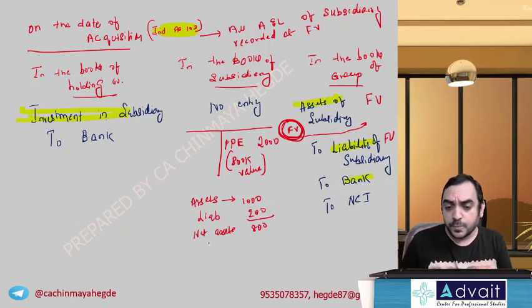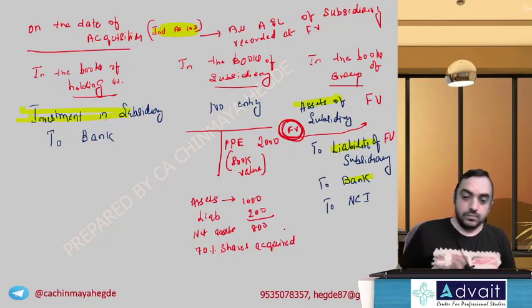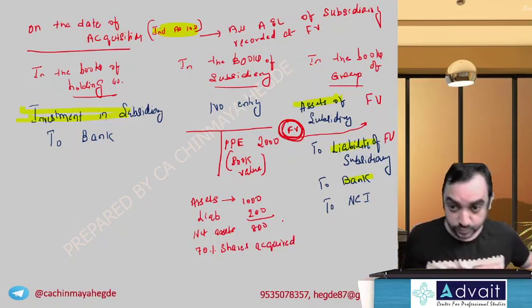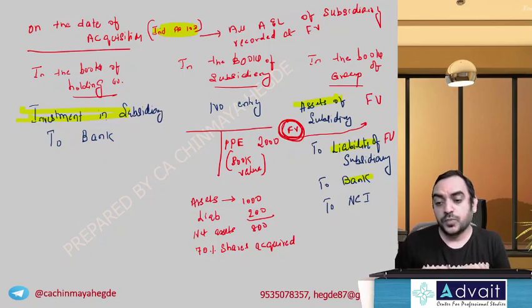And the holding company has, let's say, 70% shares acquired. Now, please tell me this. Assets are at fair value. Liabilities are at fair value. Net assets, assets minus liabilities, come to 800. 70% shares are acquired.